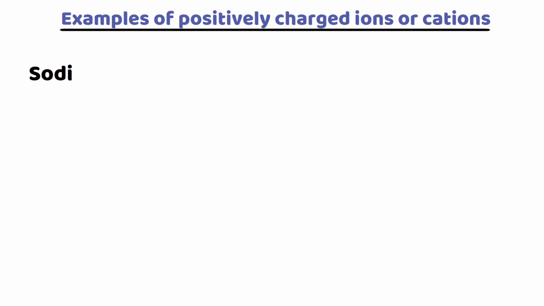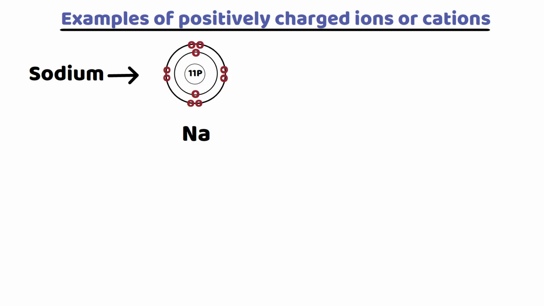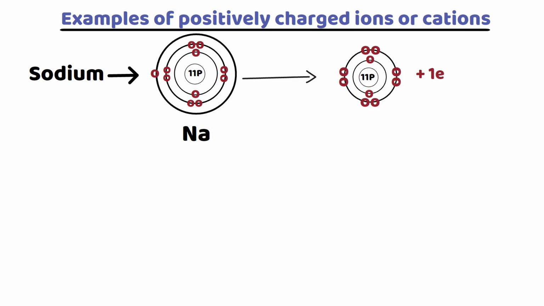Let's see some examples of positively charged ions or cations. We have a sodium atom with atomic number 11 and electronic configuration 2, 8, 1. As the last shell of sodium is incomplete, it is unstable. For stability, an atom of sodium can lose its last shell electron. After the loss of this last shell electron, only 10 electrons remain in an atom of sodium. Its configuration becomes 2, 8.